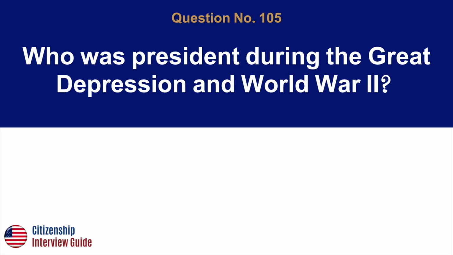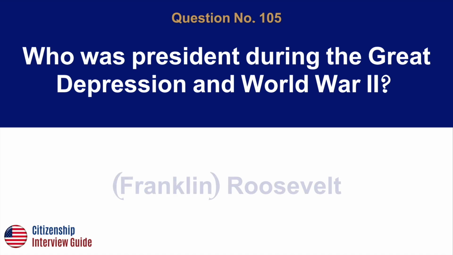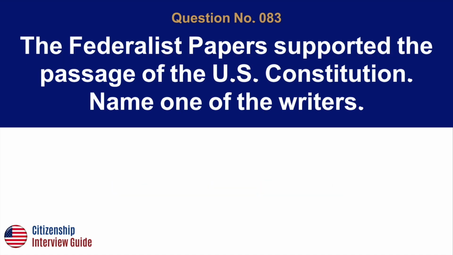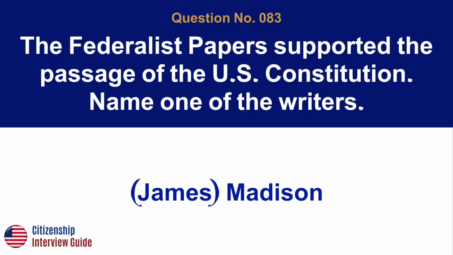Who was president during the Great Depression and World War II? Franklin Roosevelt. The Federalist Papers supported the passage of the U.S. Constitution. Name one of the writers. James Madison.